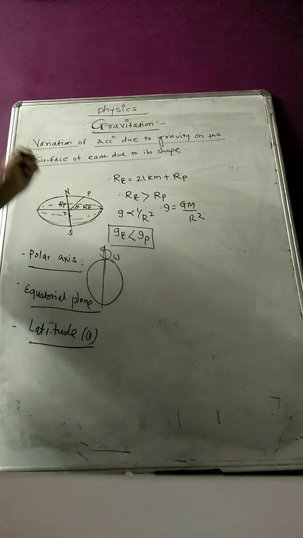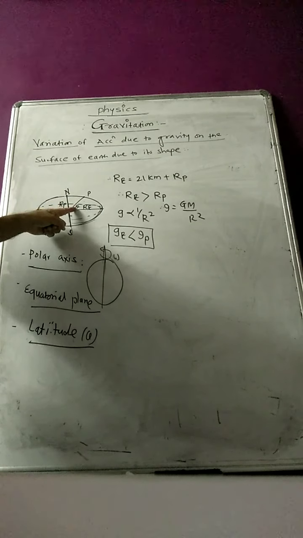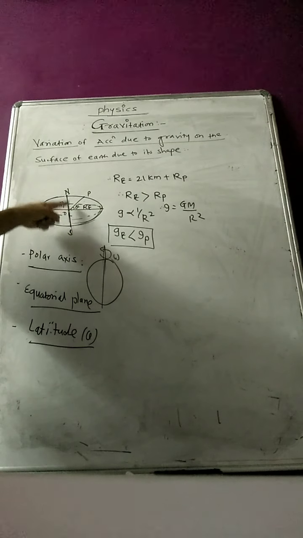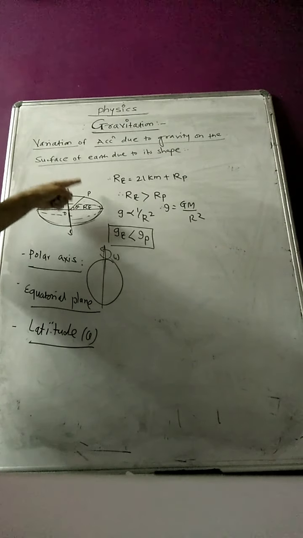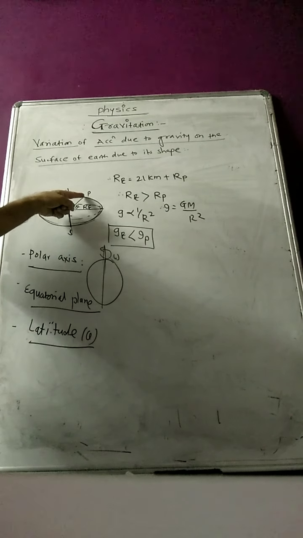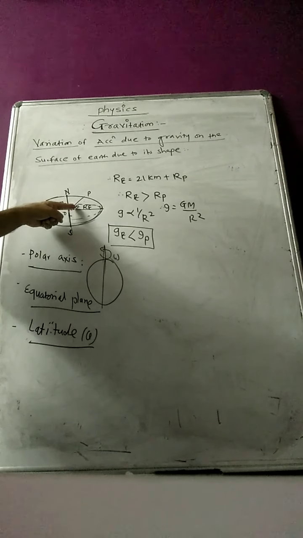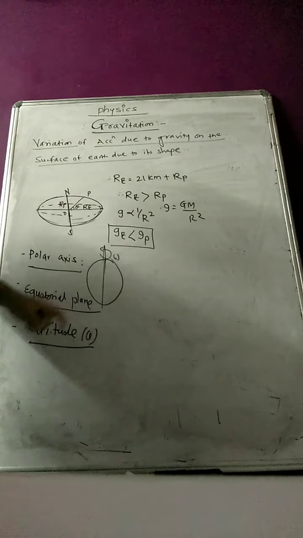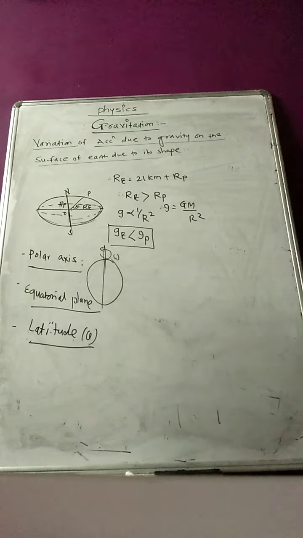That means theta is the angle between the line joining the point and the center of the earth and the equatorial plane. That is called the latitude of that particular earth surface.